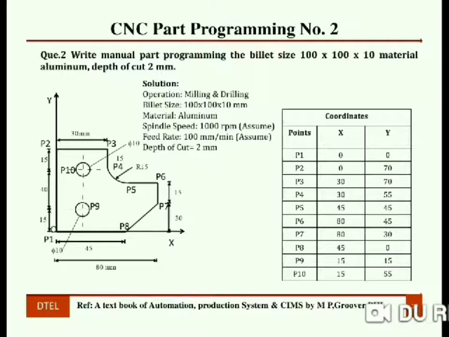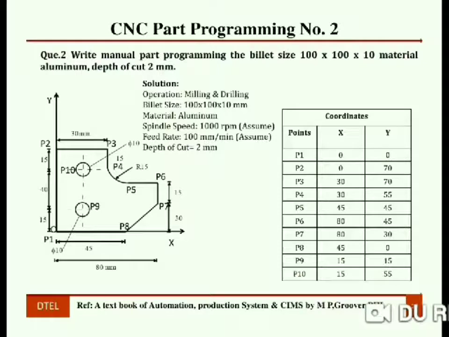Now in the second part program, the CNC part program, the question is to write a manual part program. The billet size is 100 by 100 by 10 and the material is aluminium and the depth of cut is 2 mm. From the given specification, we have to write the given data. In the solution, the operation is milling and drilling.